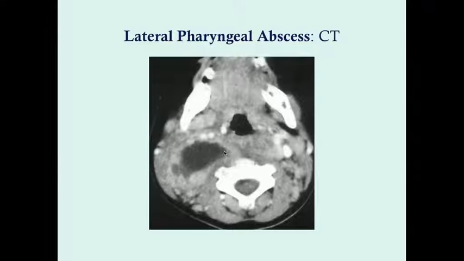Don't worry, you don't need to differentiate anterior from posterior on your exam. But lateral pharyngeal, obviously, because retropharyngeal would be right here. And then you can see here your internal jugular vein and your internal carotid artery. That's right here. And so you can see how it's very, very close to that area.